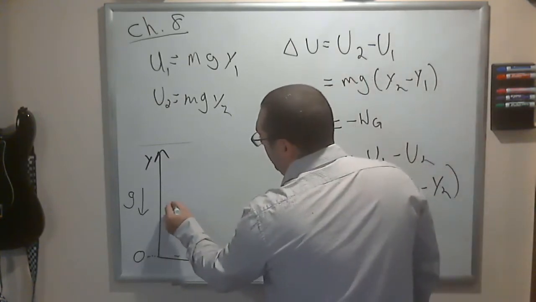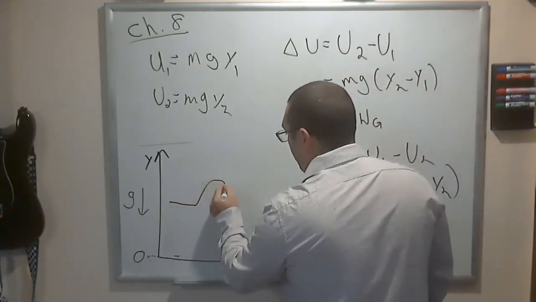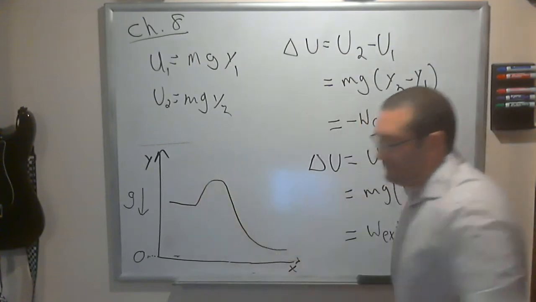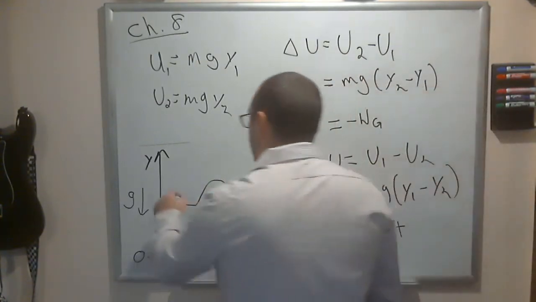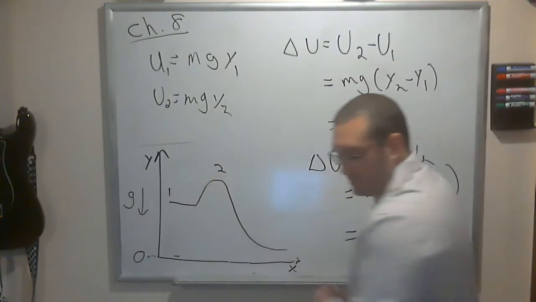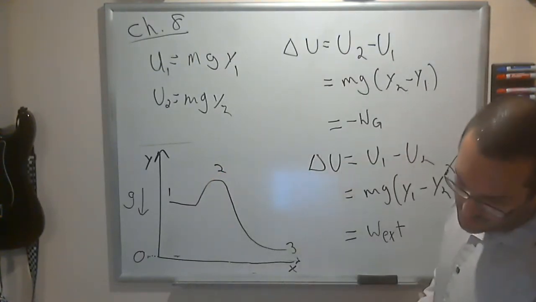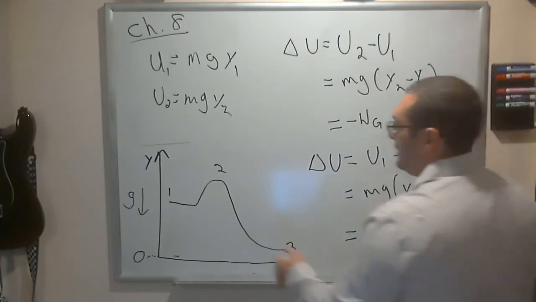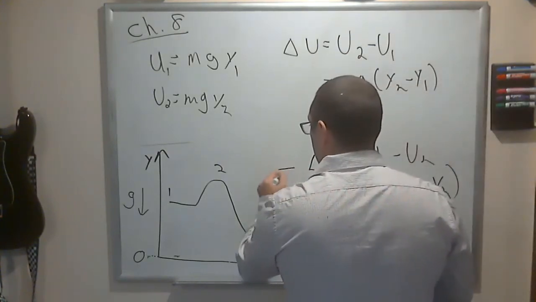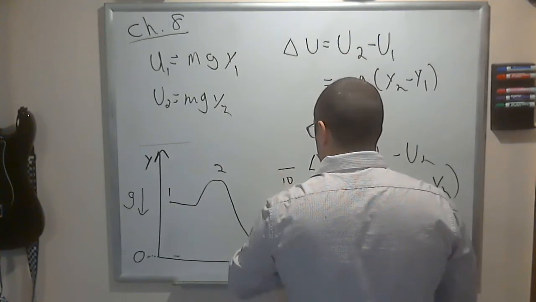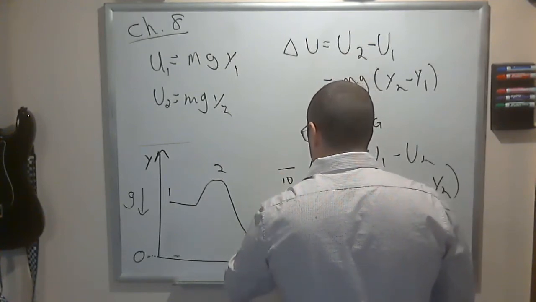So let's say we start at a certain height and we raise up to over here, and then we drop down, right? We have these two positions, right? And this is 10 meters, and this is 15 meters.